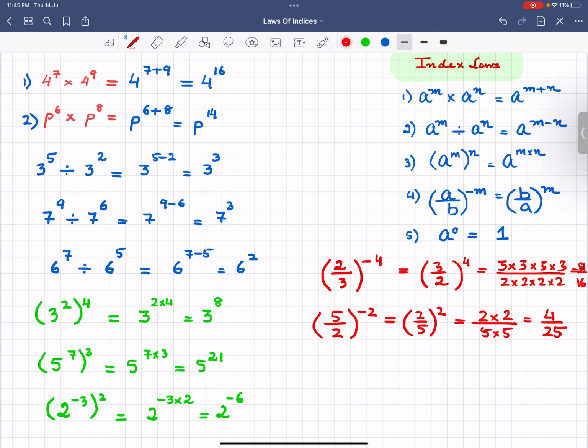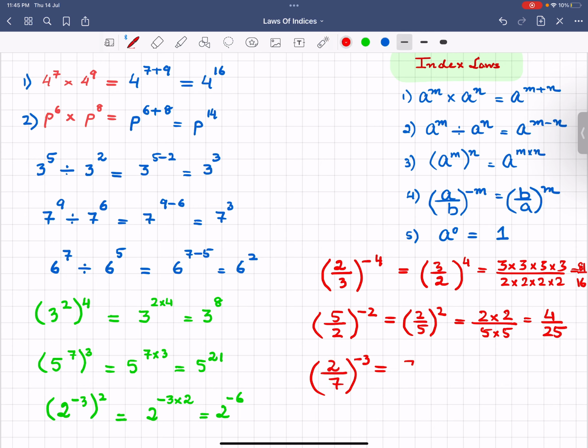Let's try one last example of this category. So we have, say for example, 2 divided by 7, the whole to the power of -3. So we need to take the reciprocal of 2/7, which is 7/2.